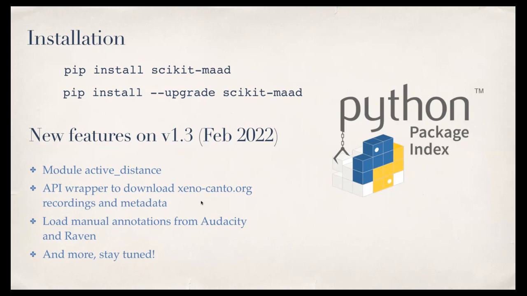So you just have to type, okay, I want sounds from this species and located in Colombia during 2020. And you will be able to download all this data with a simple line of code. We are also implementing some functionalities to load manual annotations from Audacity and Raven, and we're making some small improvements.